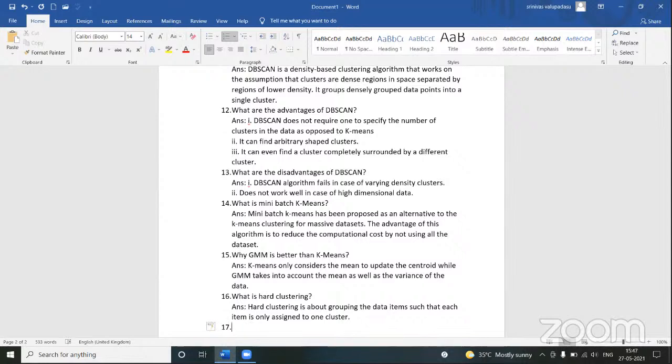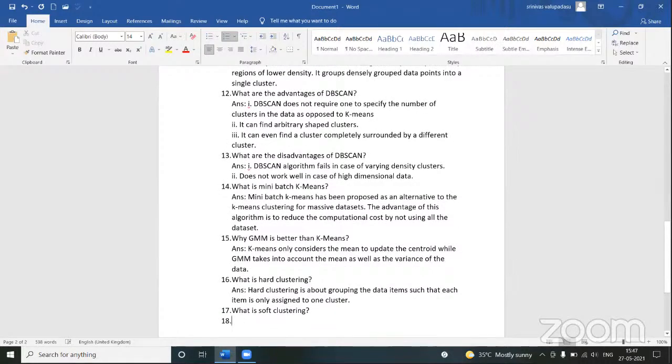What is soft clustering? In soft clustering, instead of putting each data point into a separate cluster, a probability or likelihood of that data point being in those clusters is assigned.